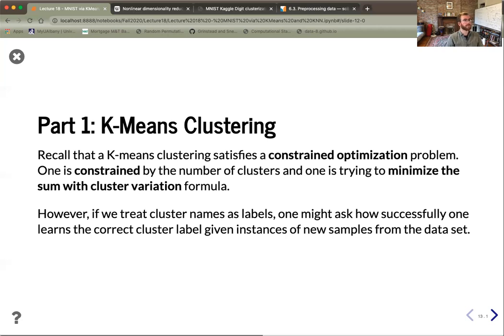But of course, if we try to convert the clustering labels, and again, the output of K-means clustering, as we're seeing in our projects, is some integer between 0 and K-1, that then gives us an instance of labeling.